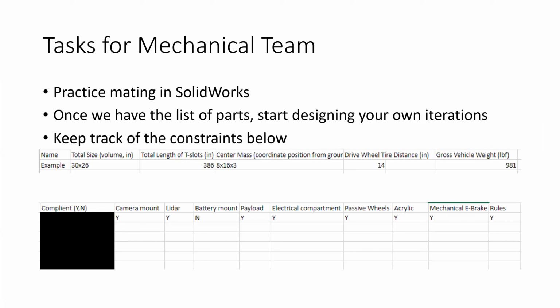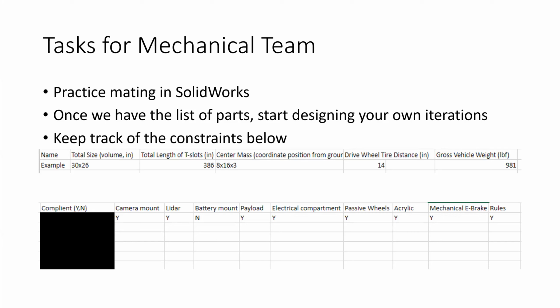So, some tasks for the mechanical team. I want you guys to start practicing mating in SolidWorks, get familiar with that. Next Wednesday, I'll be able to go to Richard's house and count up all the parts and put them in a list for you guys. Then you guys can start designing your own iterations. Also, I'm going to post an Excel file.